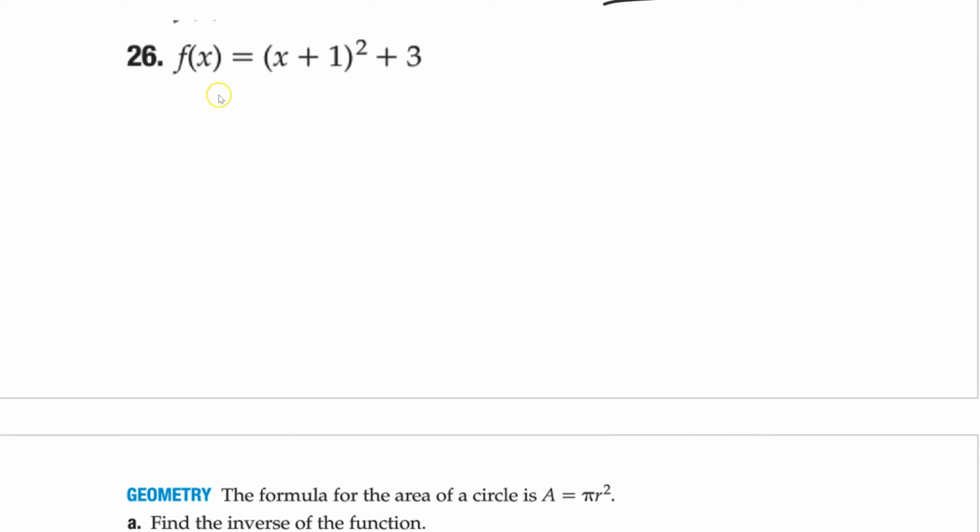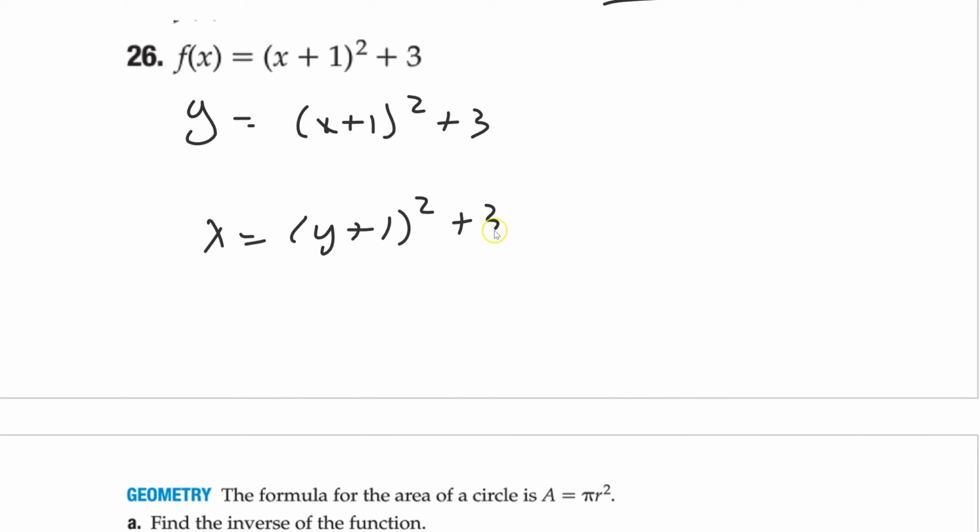Right, so let's find the inverse of this. So I'll make that a y. X plus 1 squared plus 3. We're going to switch x and y. So that becomes x and that becomes y. Now we have to get the y by itself. So first thing I'm going to do is subtract the 3. So x minus 3 equals y plus 1 squared.